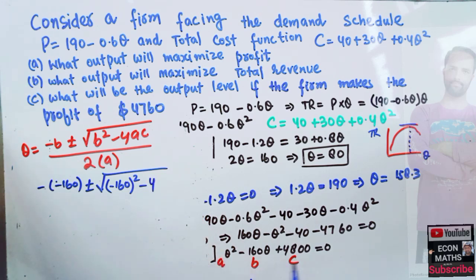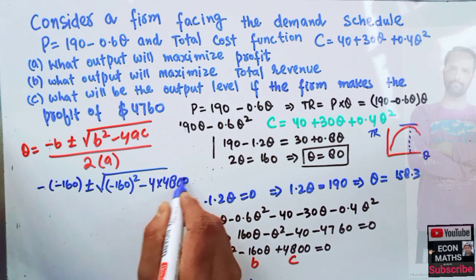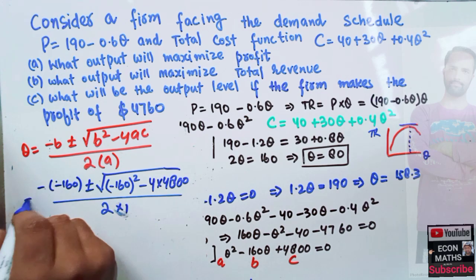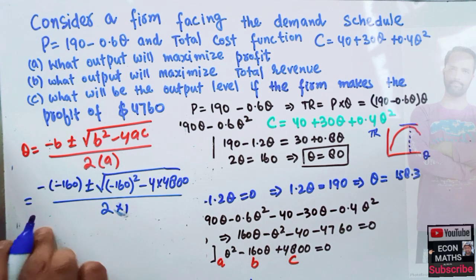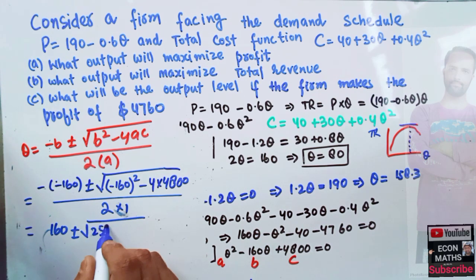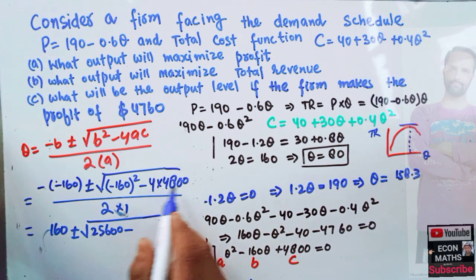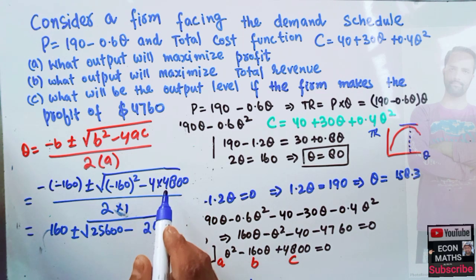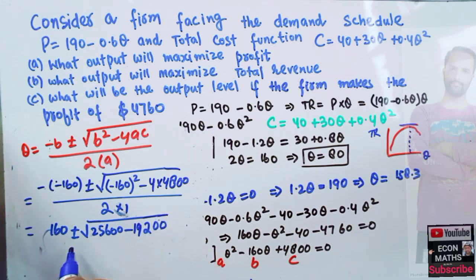Here a is 1 and c is 4800, divided by twice a, which is 2. So minus into minus is plus, so we have 160 plus minus the square root of 160 square, which comes out to be 25600. Then 4ac: 4 zeros are 0, 4 zeros are 0, 4 8s are 32, 4 4s are 16, 17, 18, 19, so this is 19200, divided by 2.